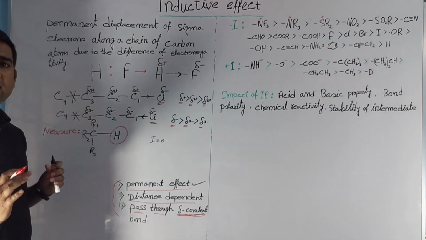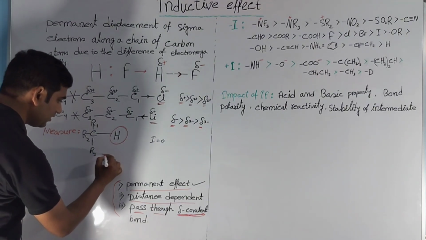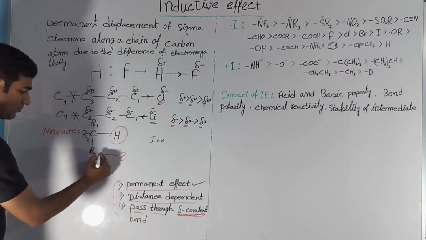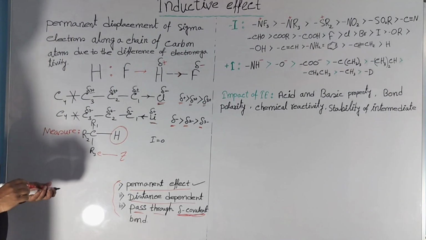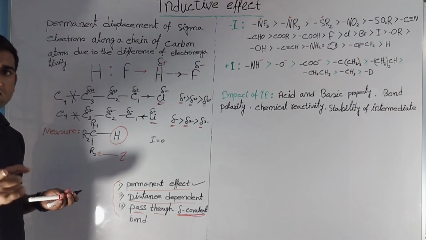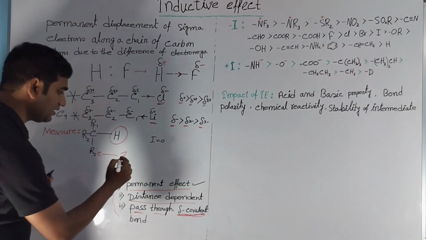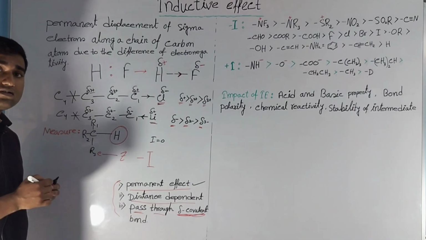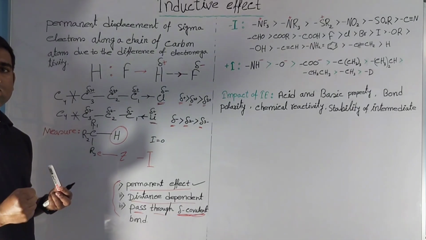Suppose that hydrogen is replaced by any atom or group. Suppose I replace the hydrogen by a Z group. If that group's electron withdrawing power is more than hydrogen, that group we can call a minus I group, an electron withdrawing inductive group.